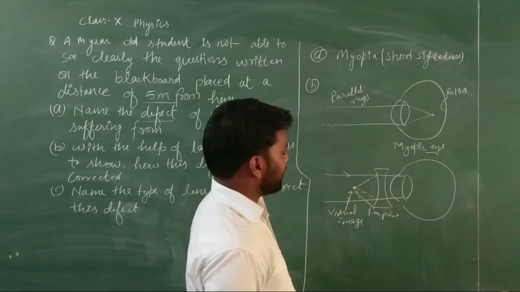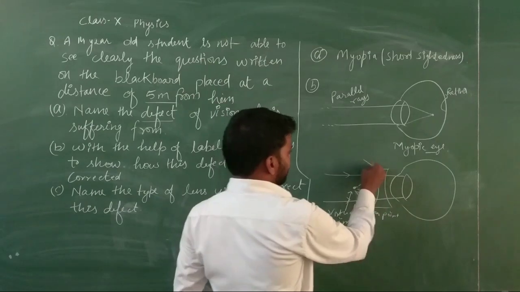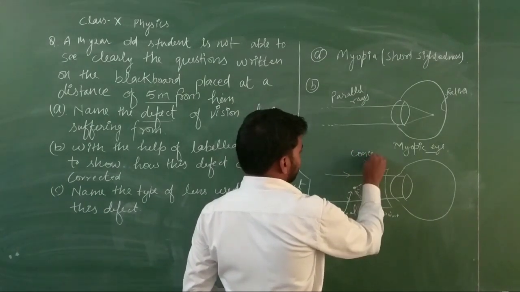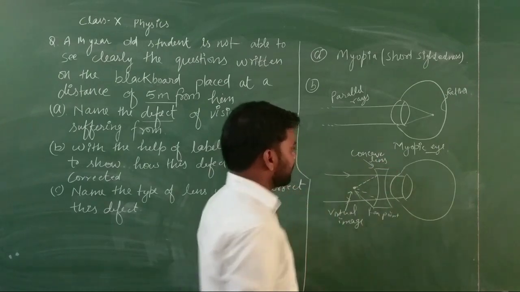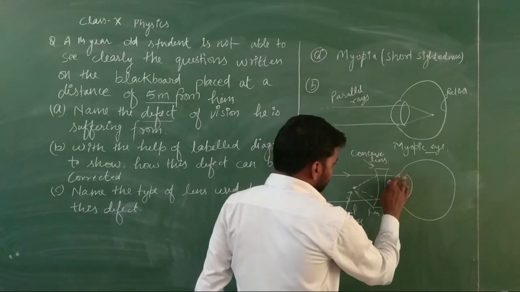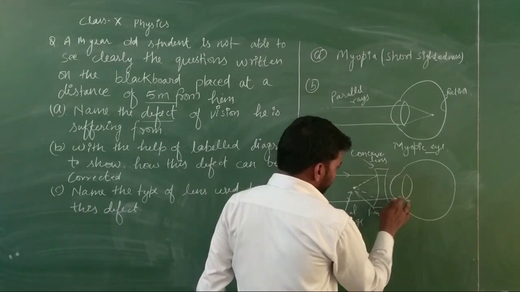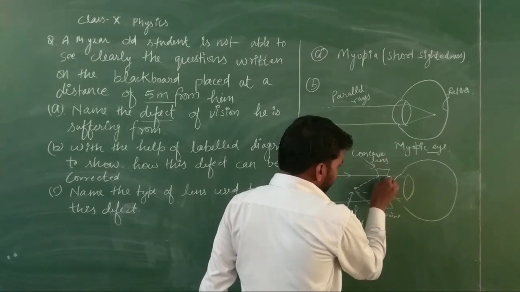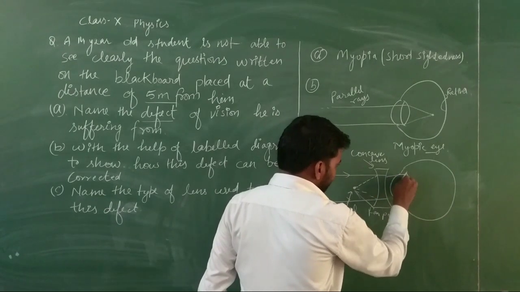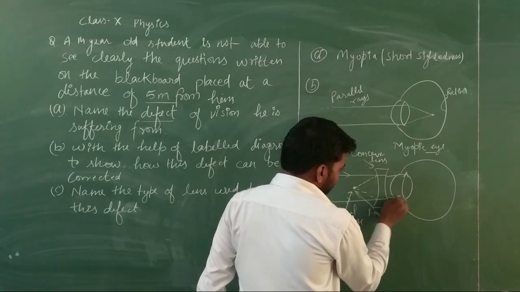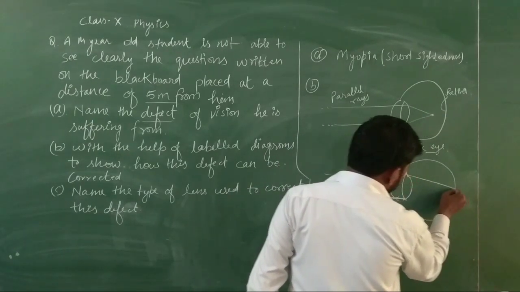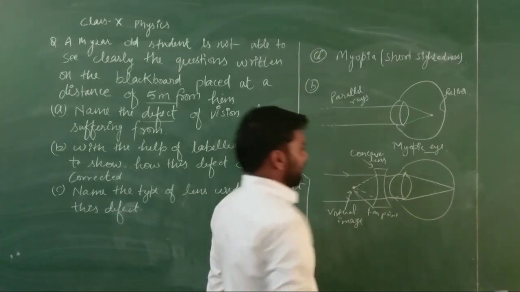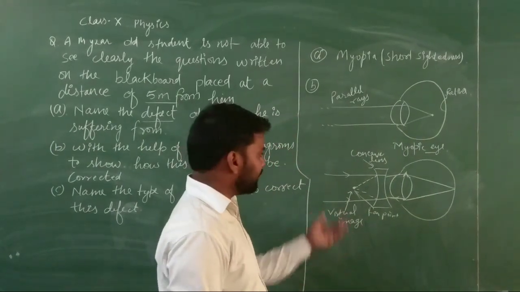So which lens are we using here? We are using a concave lens to correct the myopia. After refraction, these rays will diverge a little from this point, and after diverging a little they will make the image on the retina, because that person is able to see the nearby object.